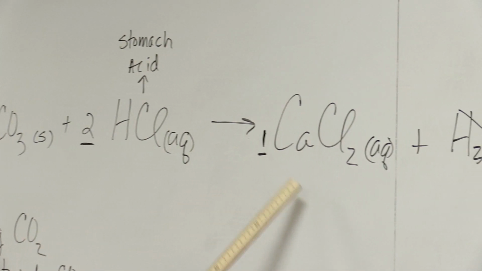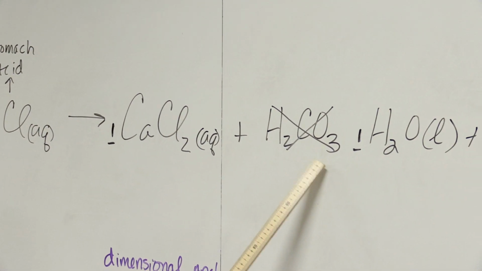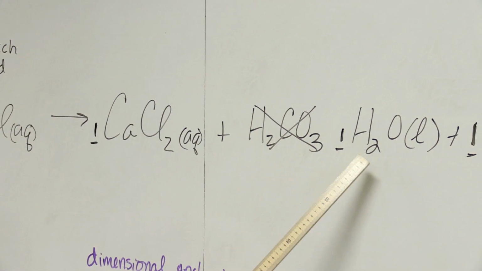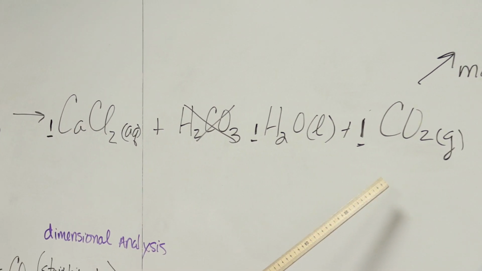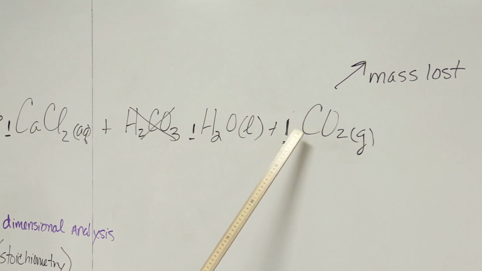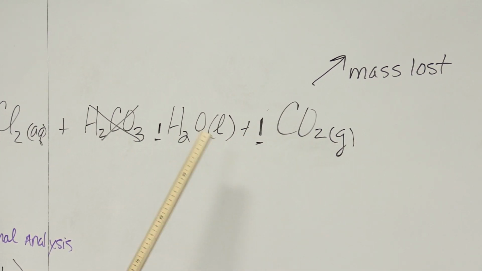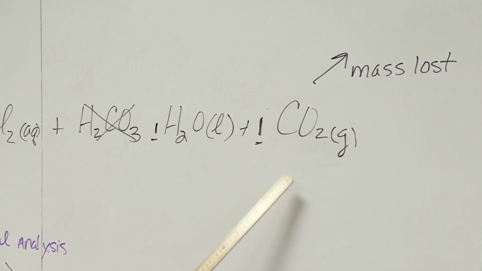The products are calcium chloride, H2CO3, which breaks down immediately to H2O, which is a liquid, and CO2, which is a gas. During this reaction, the tablets are going to gas off. You're going to lose mass of that gas. And so we reweigh and we find the mass lost.